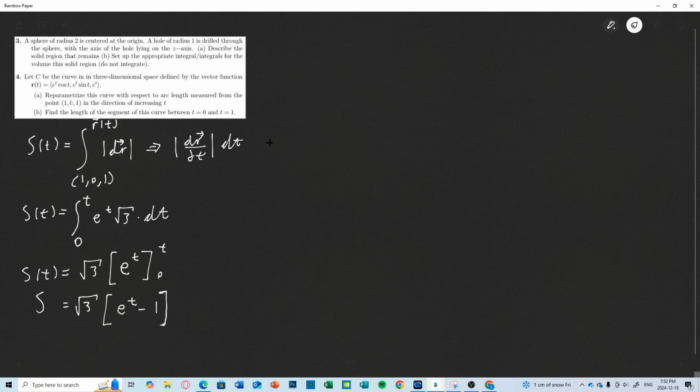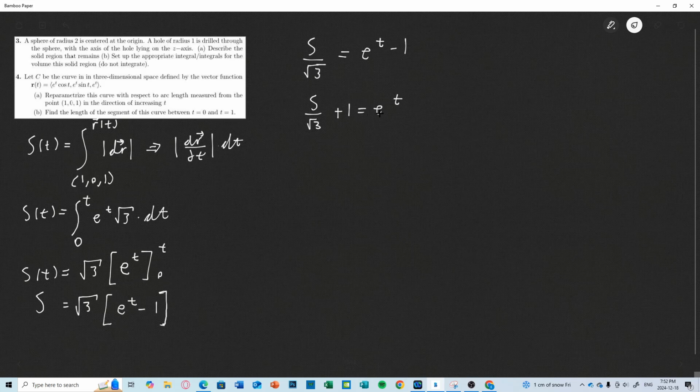So to solve for t, what we need to do is set s divided by root 3, so divide both sides by root 3, equal to e to the t minus 1. Then we can get s over root 3 plus 1 is equal to e to the t.